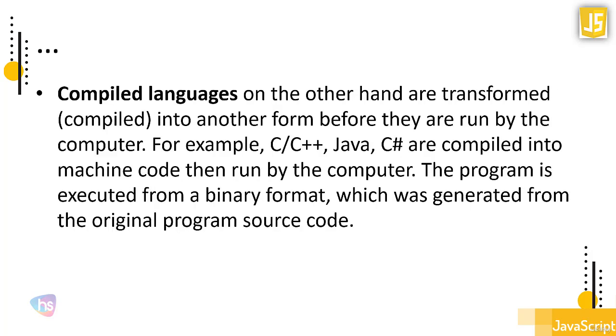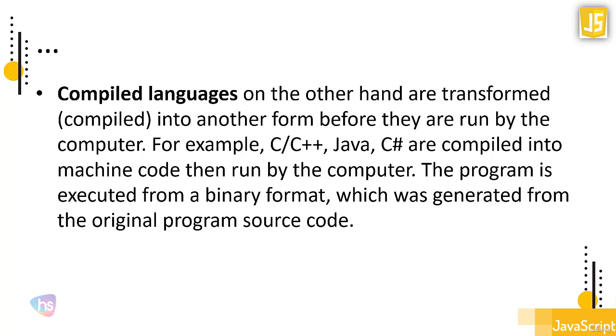Compiled languages are programming languages that are compiled from one language to another language, then run, converted into system readable language, and then we are able to see the output in the browser. For example, C, C++, Java, C#, and F# are compiled into machine code, then run by the computer.